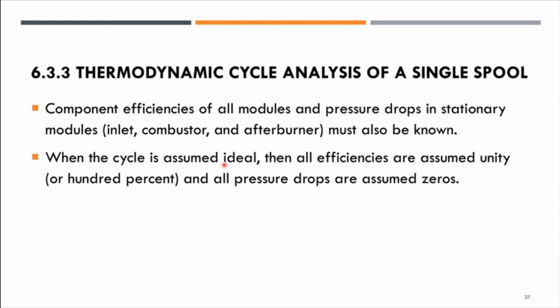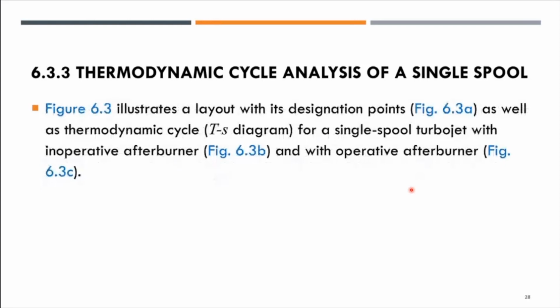When the cycle is assumed ideal, all efficiencies are assumed unity. We can say that for the ideal case, the efficiencies for all components are 100%, and all the pressure drops are assumed to be 0, like a perfect kind of turbojet.